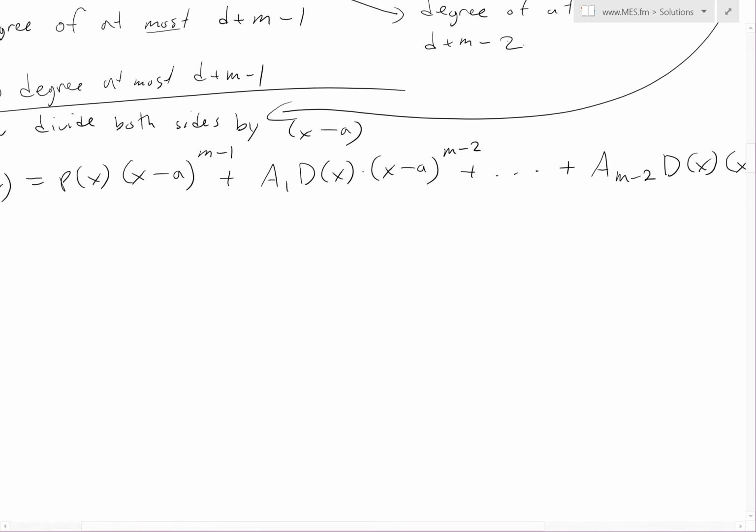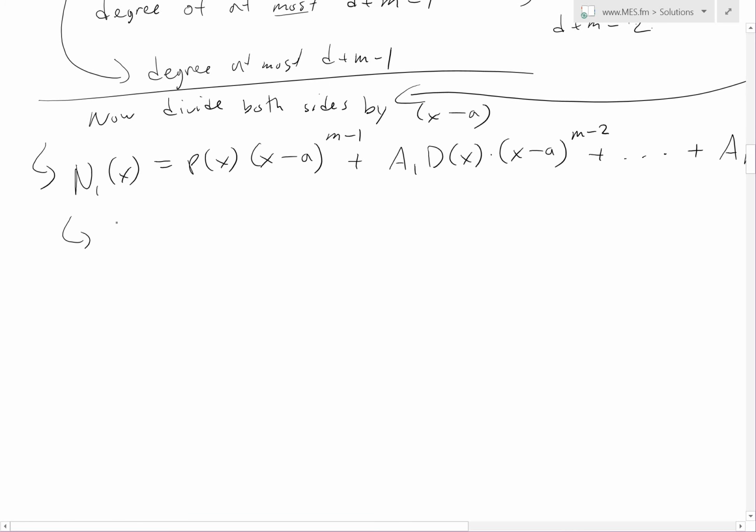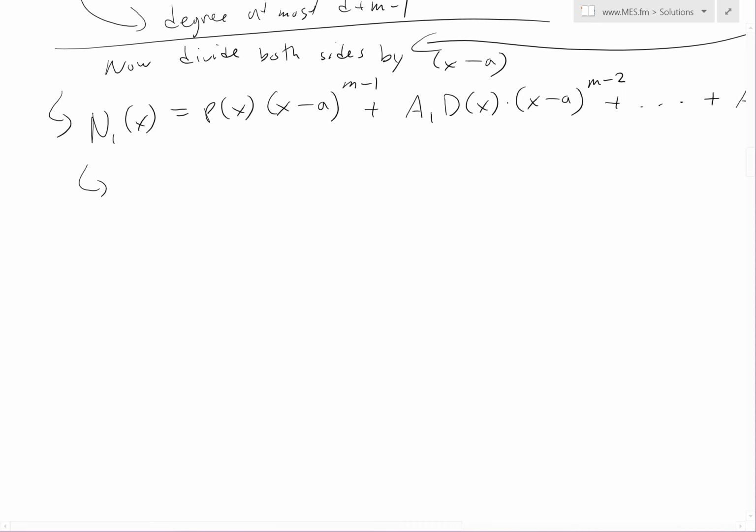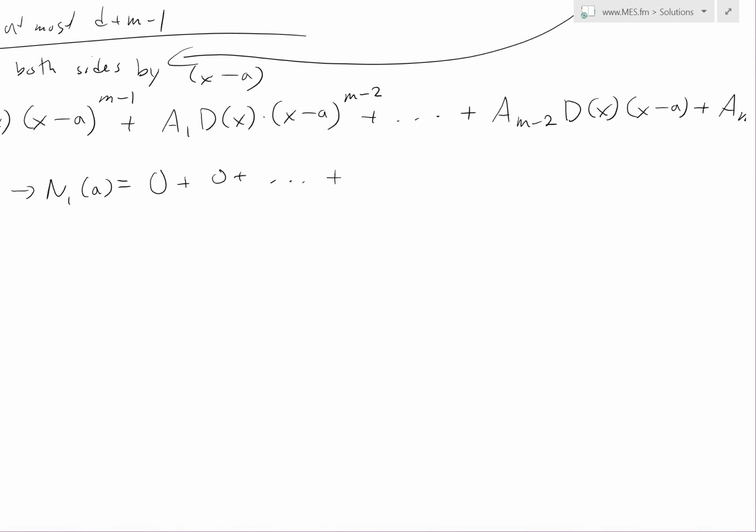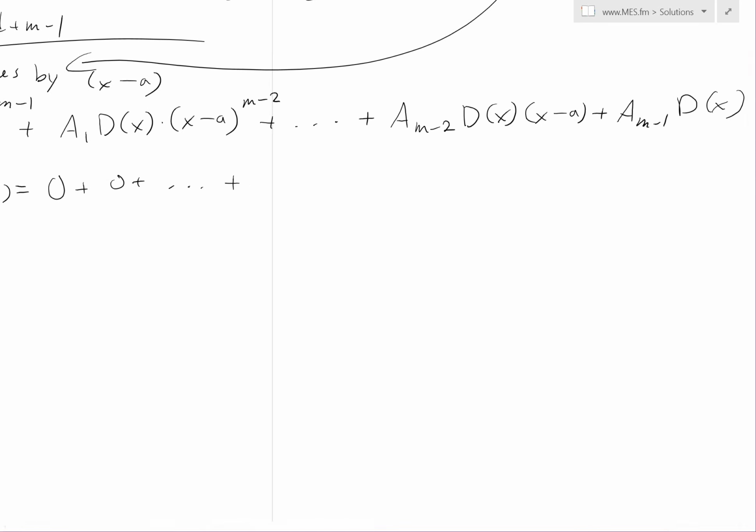So now that we have all this, similar to the first step, we will solve for a m minus 1. At x equals a, we get n1 of a is equal to, and these all cancel because there's x minus a, so a minus a is 0, so we get 0 plus 0, etc., all the way into the last term, which is a m minus 1 times d of a.